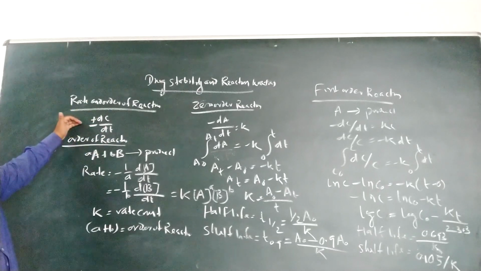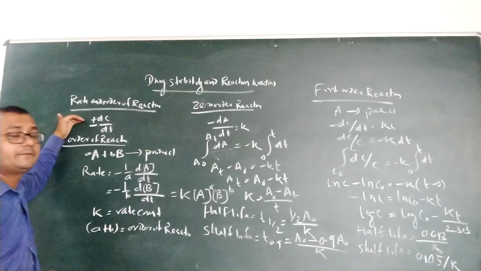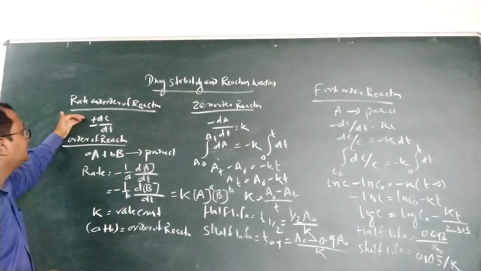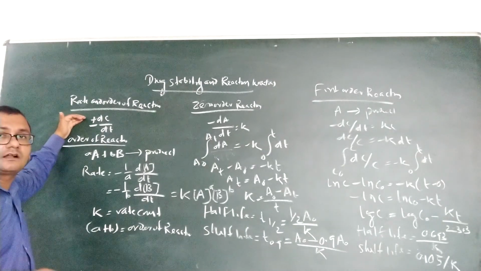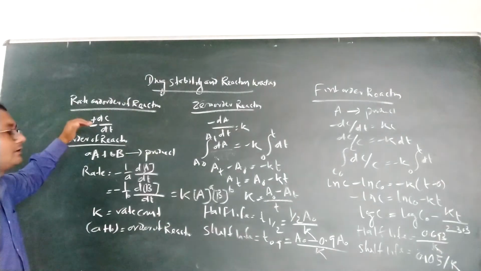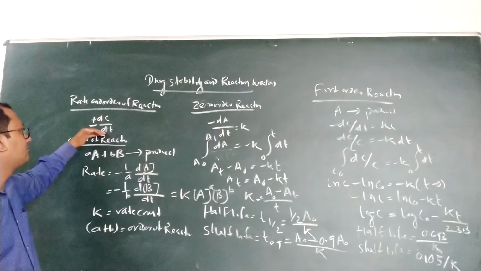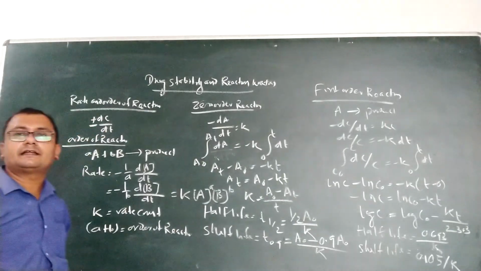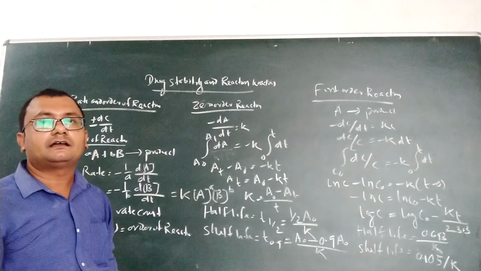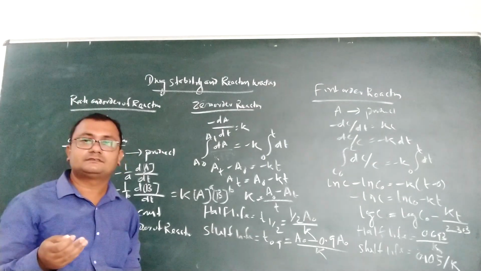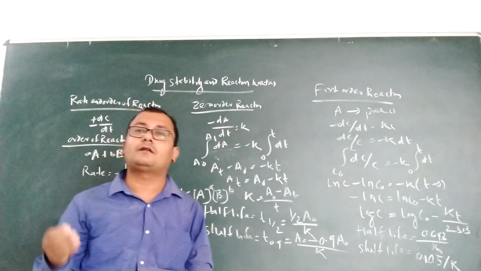First of all, the rate of reaction, which is known as the velocity of the reaction: how fast the drug is reacting to give a product. Generally we denote it as dC by dt. It may have a positive or negative sign, and this is the rate of change of concentration with respect to time.